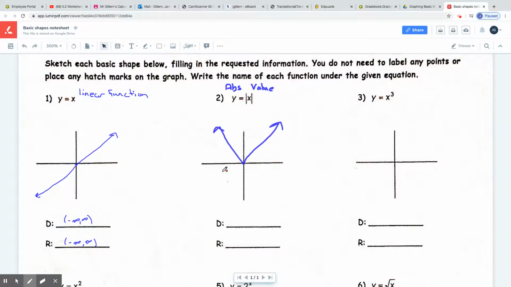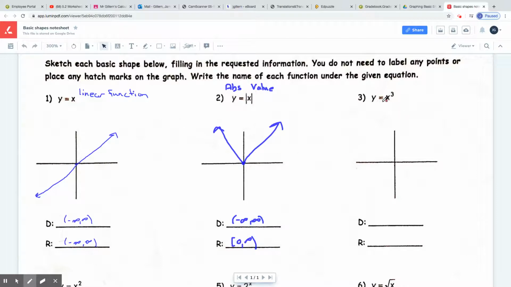Now, the domain of this is negative infinity to infinity. The range of this is not that. It's what? 0, but it can be 0, right? So we put a bracket around that. It's 0 to infinity. All right. So that's what absolute value graphs look like, a V. Linear graphs, obviously, are a line.